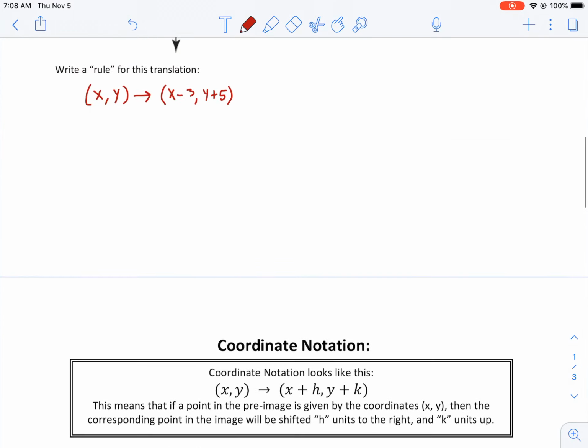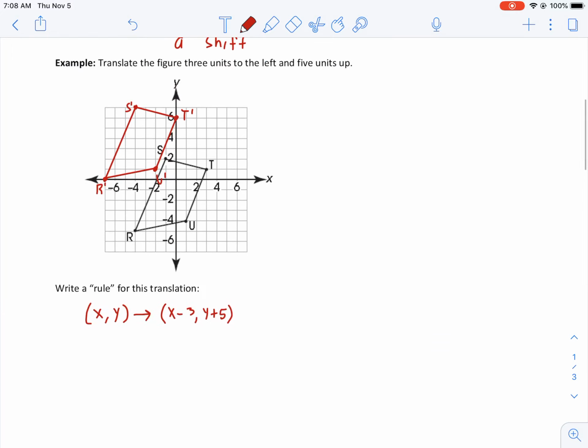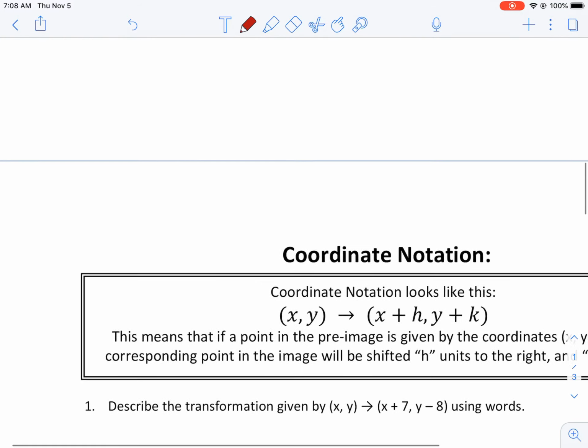And so that's why we had a negative number right here, because we were going to the left. So we've got our pre-image right there, and then after our transformation, that's our image. And the way that it's labeled is with primes, that way you kind of know.